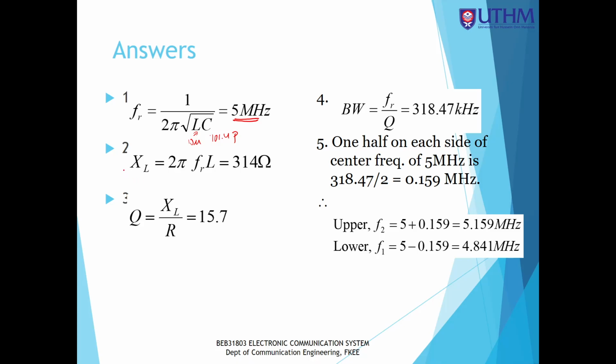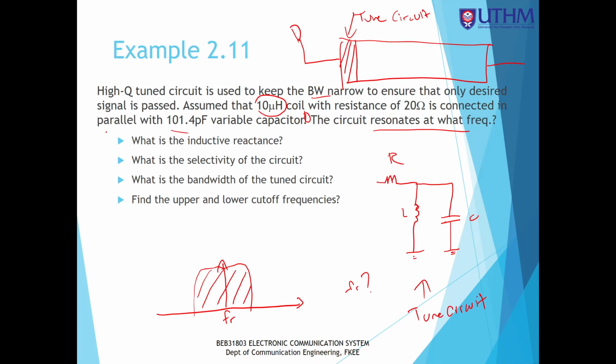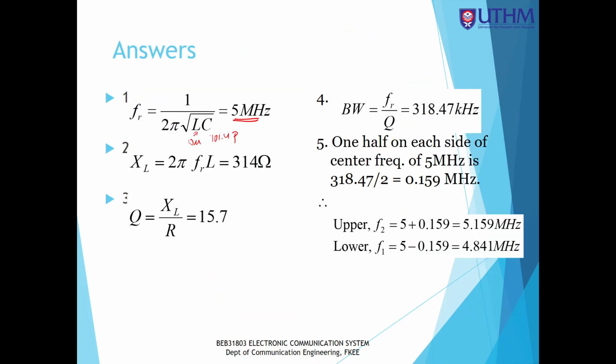And then the second question asks about the inductive reactance, which is 2 pi FL. What is F? F is the resonant frequency. So 2 pi multiplied with the resonant frequency that we get from the previous question, and then multiplied with 10 microhenry.